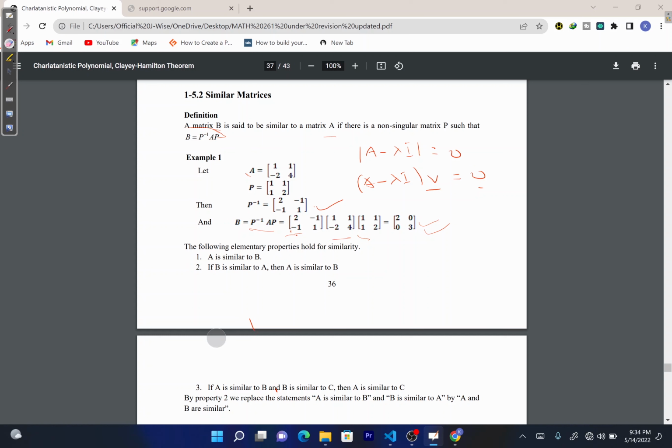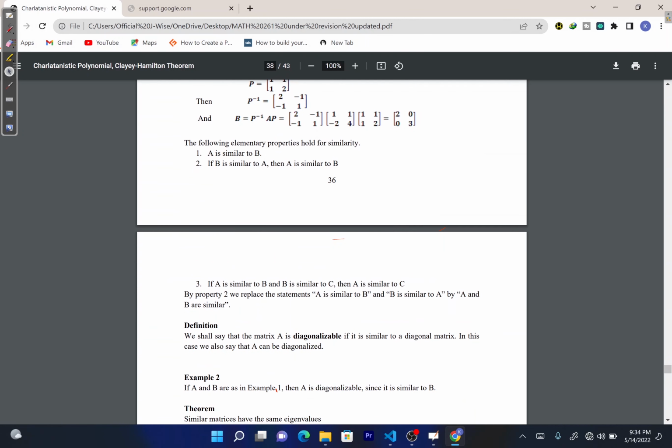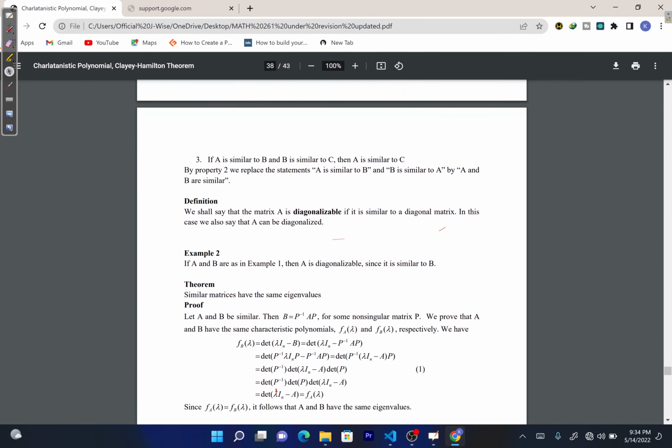First, if A is similar to B, then A is similar to A. Or in other words, if B is similar to A, then A is similar to B. Also, if A is similar to B and B is similar to C, then A is similar to C. That's the transitivity property.